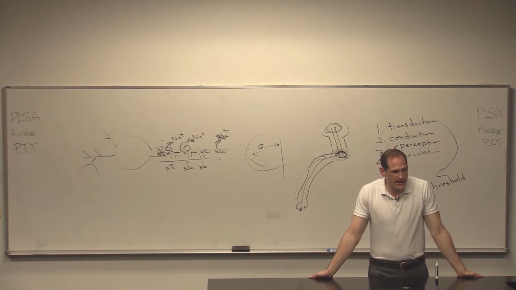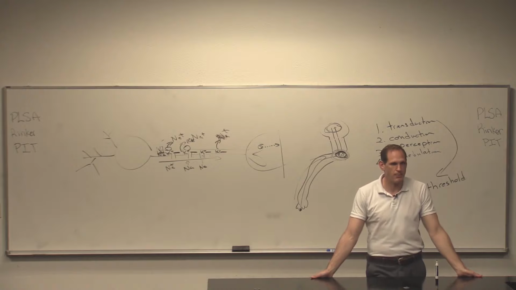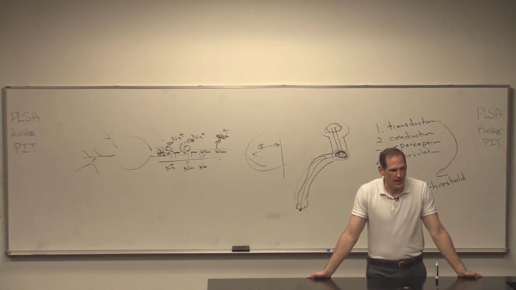Now, lidocaine is not specific to just pain neurons. How many of you have ever gotten your mouth numbed at the doctor's office? In addition to blocking pain, then you try and eat the food and you bite your tongue, right?